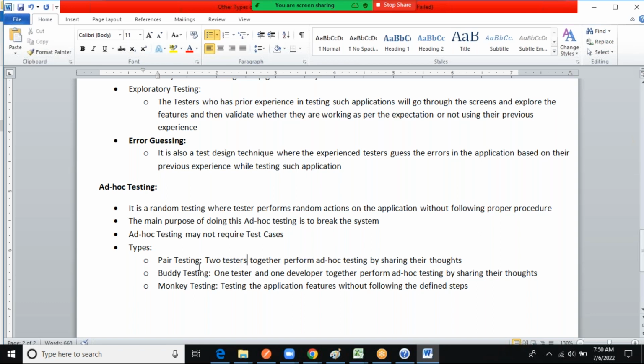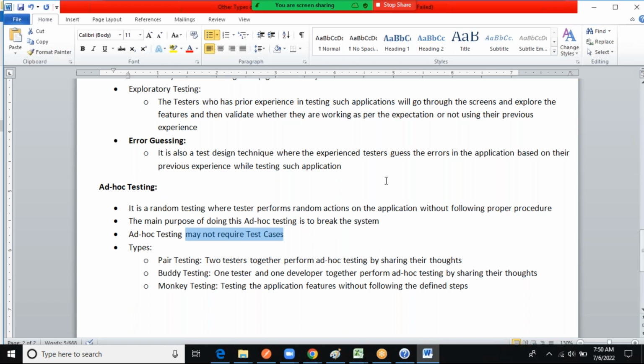Sir, there is no test case in case of ad hoc testing. No, that's what I mentioned. On what basis do we test in ad hoc testing, without test cases, what do we test, sir? That's what I am telling. You are done with your first round. You will write test cases for requirement validation, right?